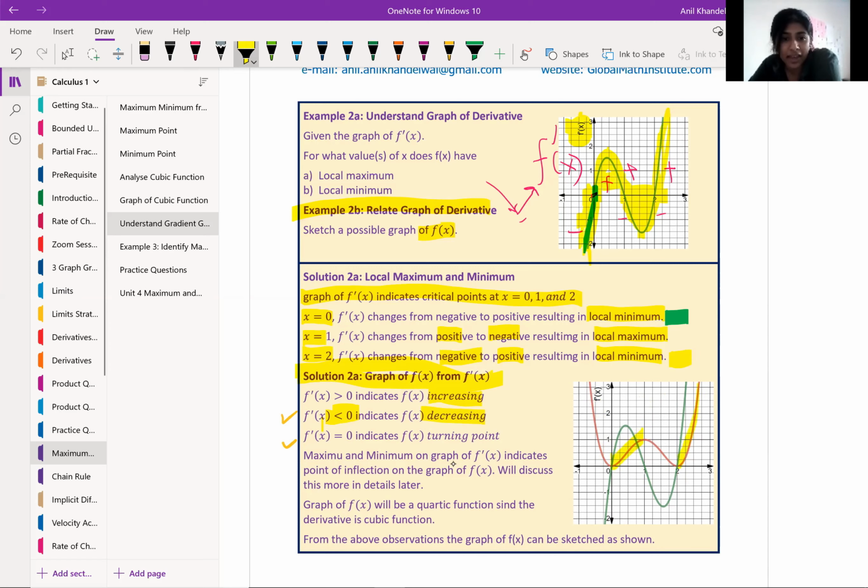F prime x being less than 0 indicates f of x decreasing. F prime x equals 0 indicates f of x has a turning point.